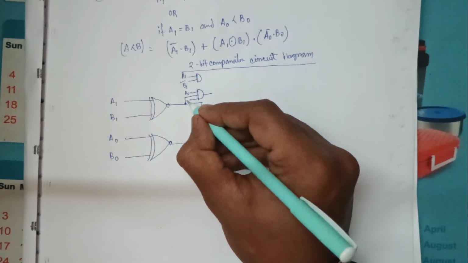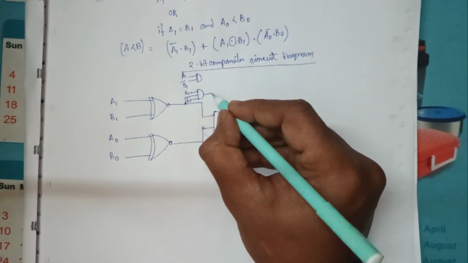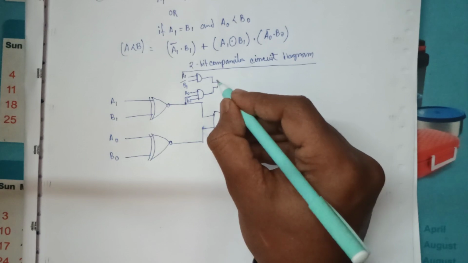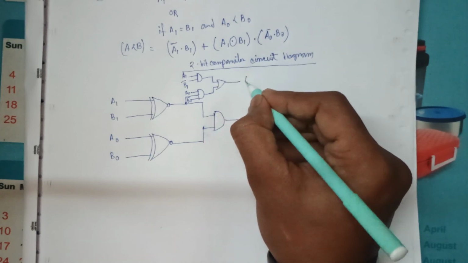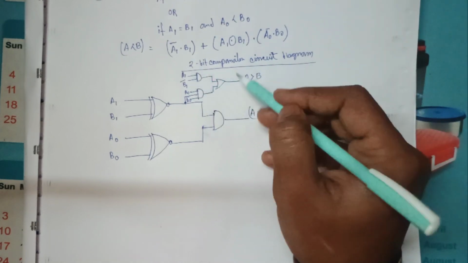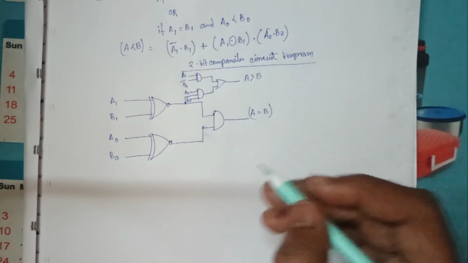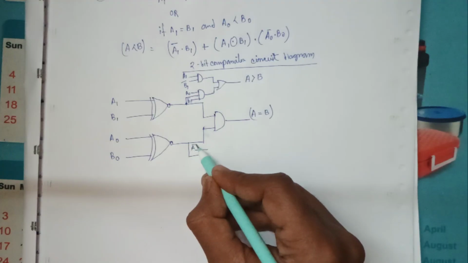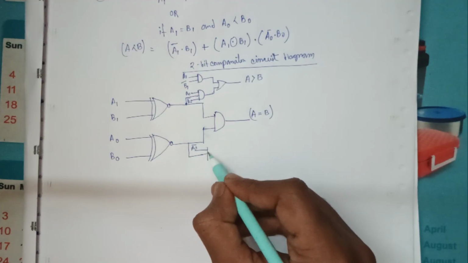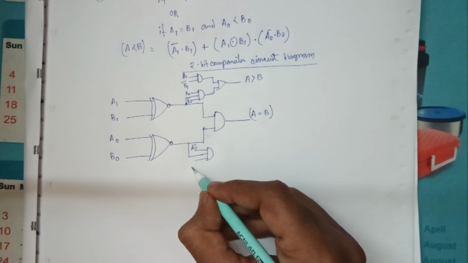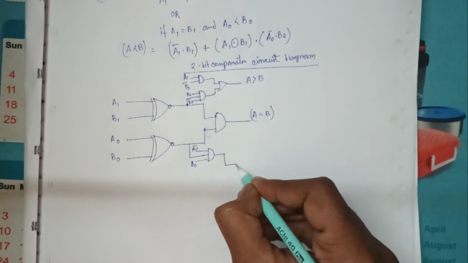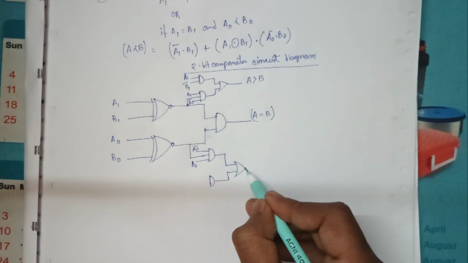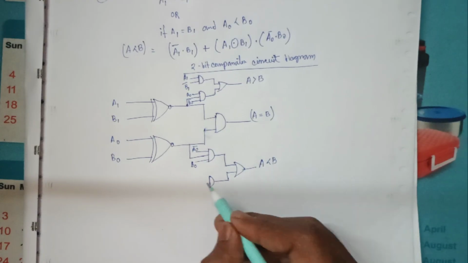A0, B0, A greater than B. This circuit is for A greater than B. This one is for A less than B.